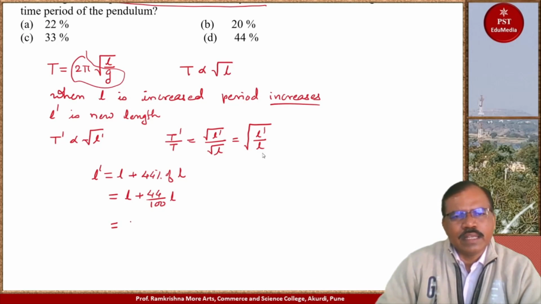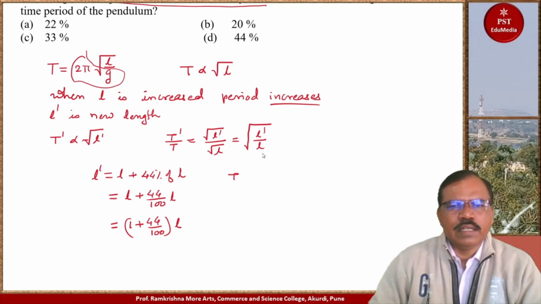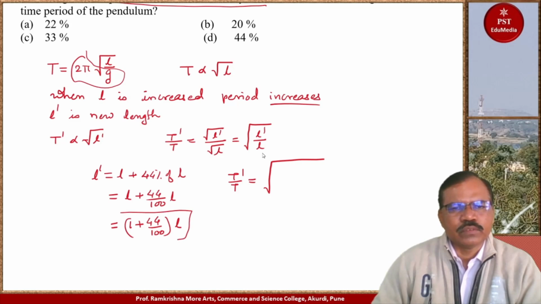So I can take 1 plus 44 upon 100 multiplied by L. So T dash upon T is equal to square root of L dash divided by L. So L and L will get cancelled, and you'll get 1 plus 44 upon 100.